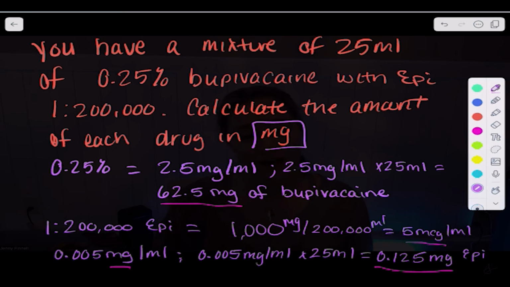So if you divide 1,000 milligrams into 200,000 mLs, you get 5 mics per ml, or 0.005 milligrams per ml. Since we want our answer in milligrams, you then would take the 0.005 milligrams per ml and you times it by 25 mLs, which will equal 0.125 milligrams of epinephrine.